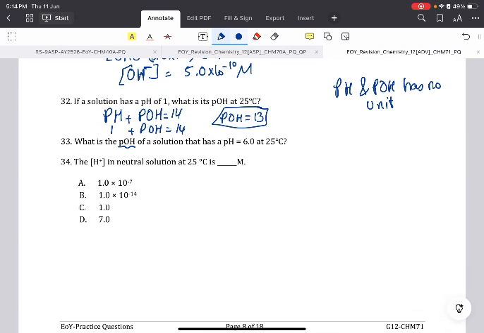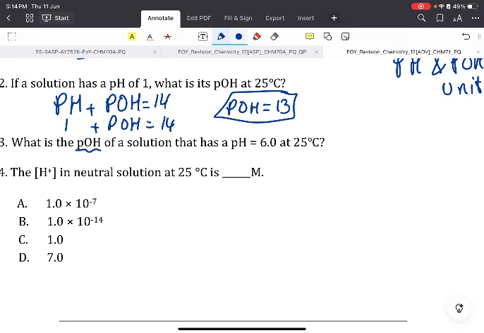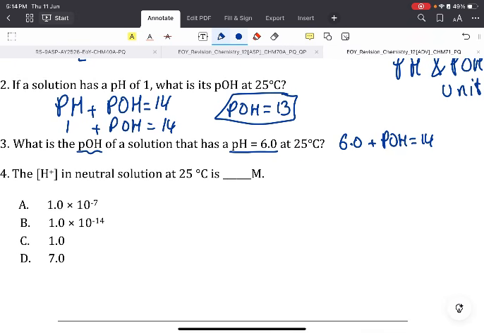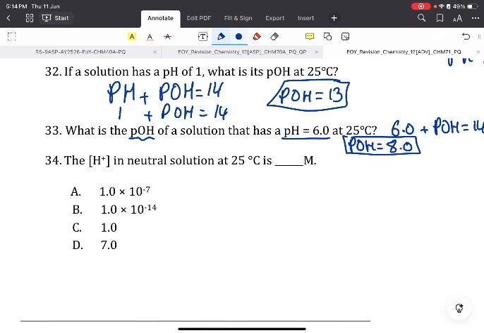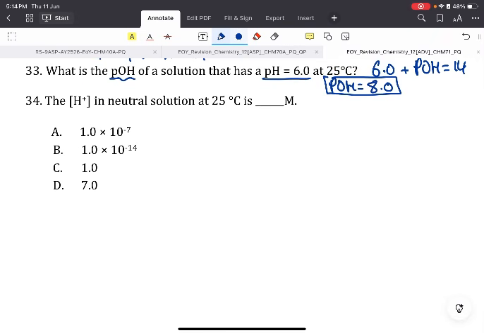Again, another question, what is the pOH of a solution having a pH of 6? So 6 plus pOH equal 14. So the pOH over here is going to be 8. No unit for pOH. The H plus in a neutral solution.